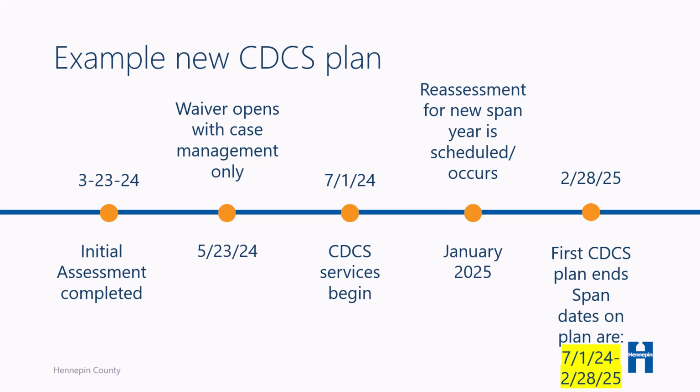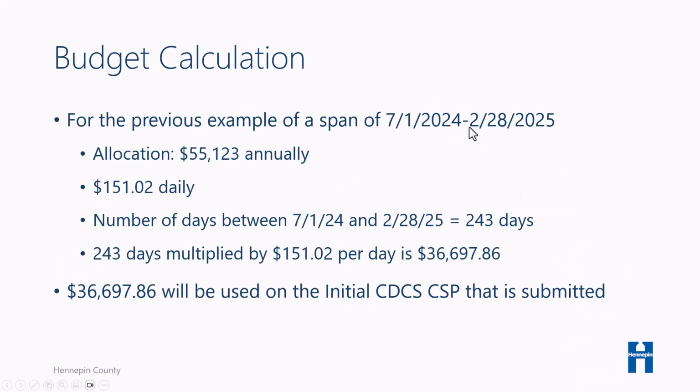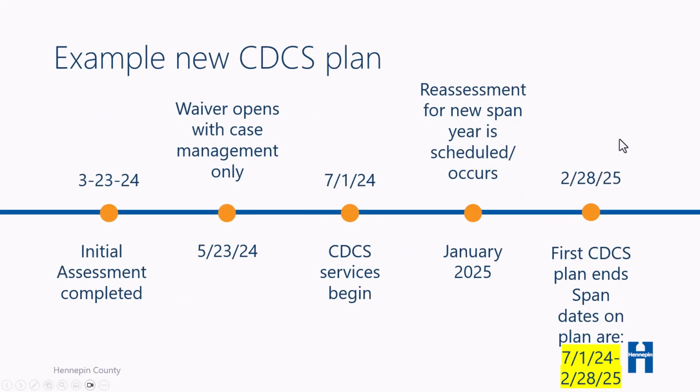In this example, with an end date of 2/28, the MnCHOICE reassessment will take place in January. And so you can see that this shortened span year for this CDCS plan, the CDCS plan will go from 7/1 to 2/28/25, and the allocation will be prorated based on those dates.